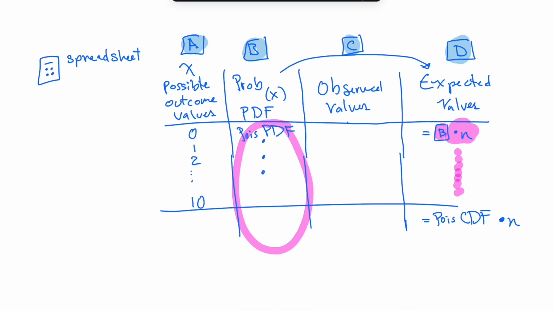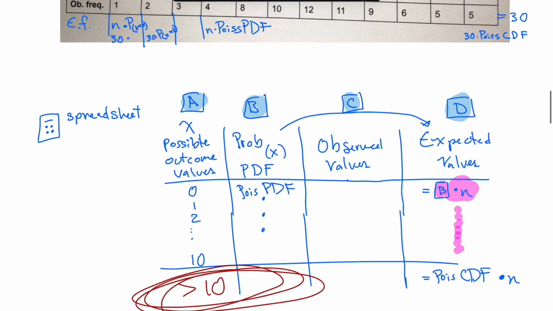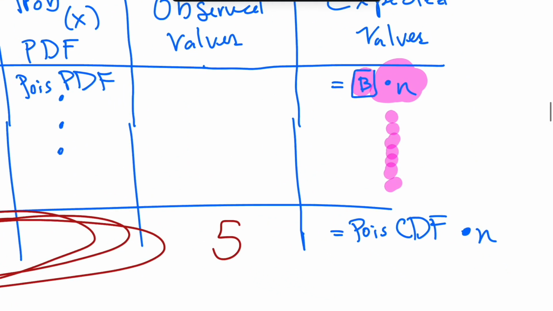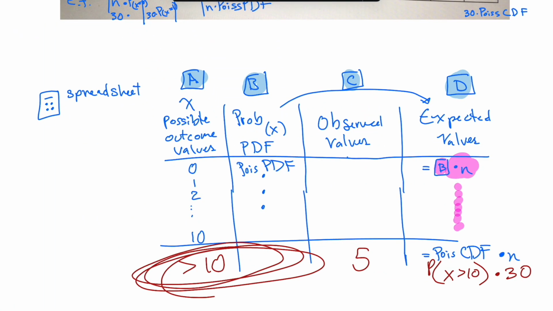The last row, however, has to represent that greater than 10. So you're going to leave all of this blank. You're going to enter in your greater than 10 frequencies observed here, and then we're going to calculate the greater than 10 frequencies using a Poisson CDF for x greater than 10, and multiply that by the number of days. So that's our plan. Let's give it a shot.